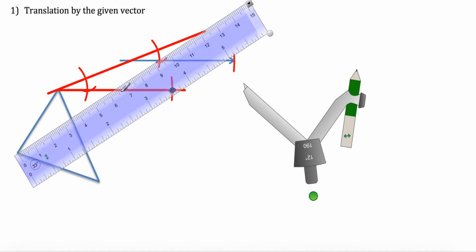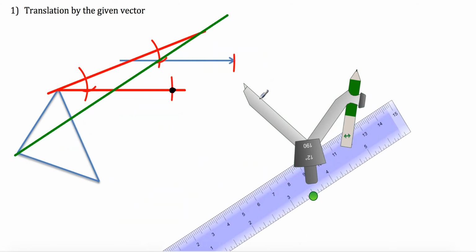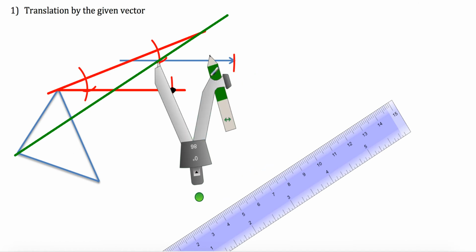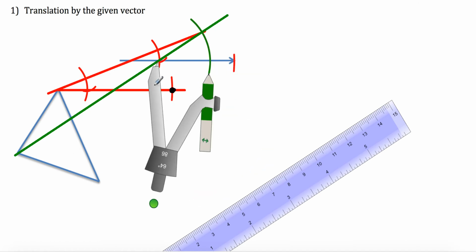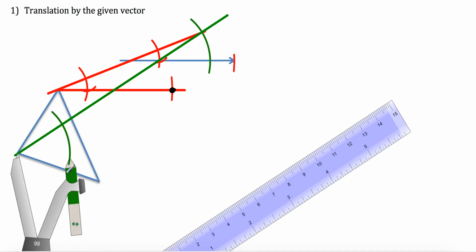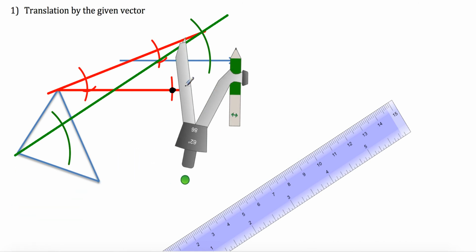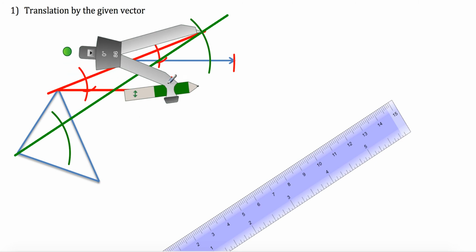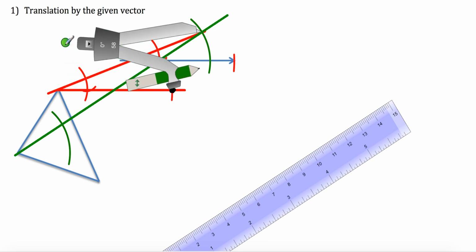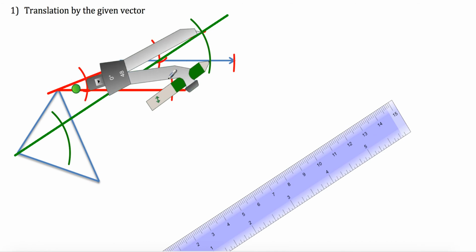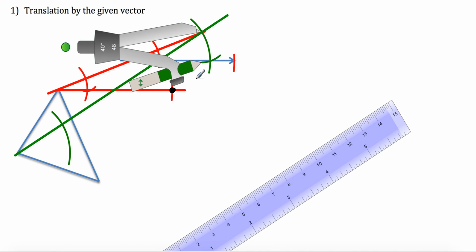So this time I'm going to use the green. And then same deal as before, go over here and copy an arc and draw one over here and go back and then measure the spread. Okay, it's that big, so I'm going to just copy that over here.